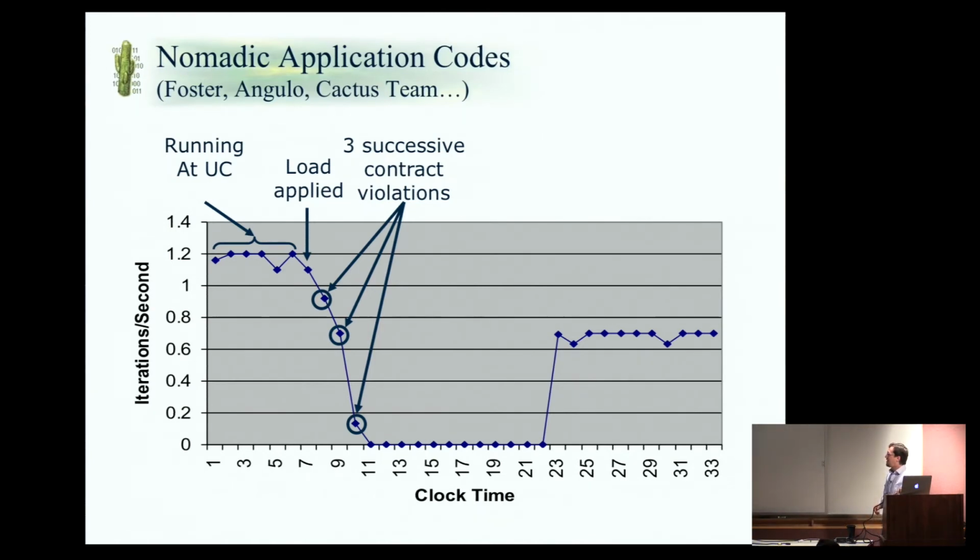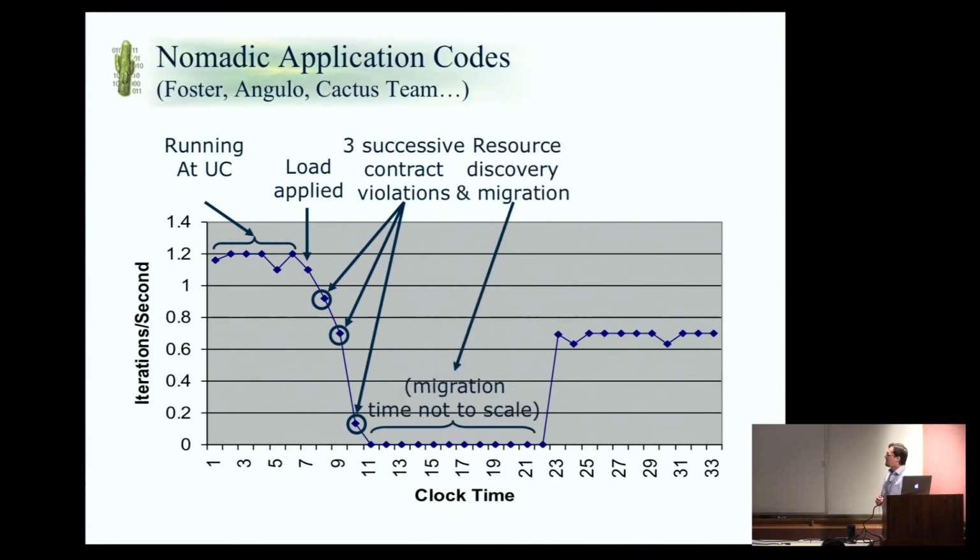So then it says, all right, I'm throwing in the towel. So it actually saves its state, and it looks around for another machine in the network. And when it finds another machine, it moves itself over there. It FTPs itself to the new machine, unpacks itself, and starts running again. So we called this the Cactus worm.